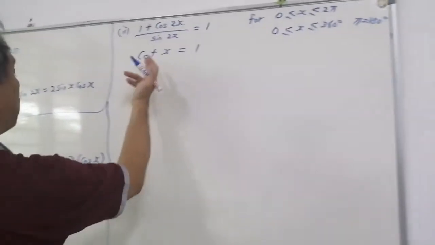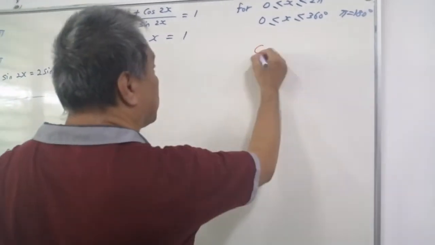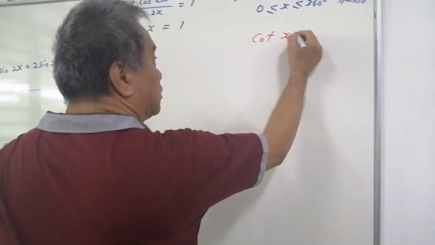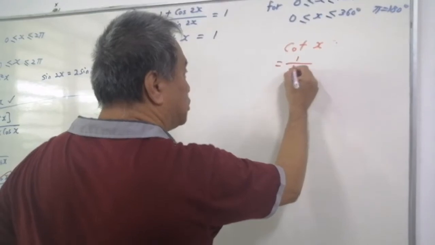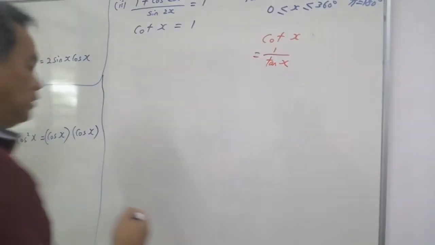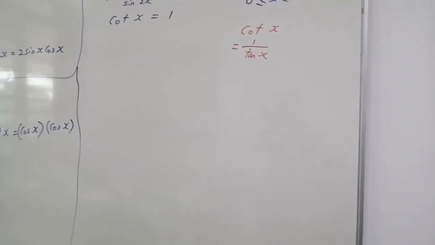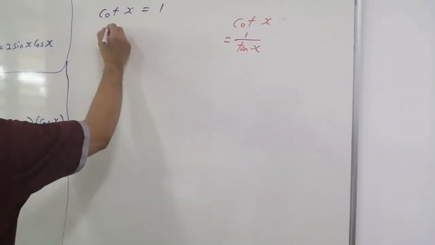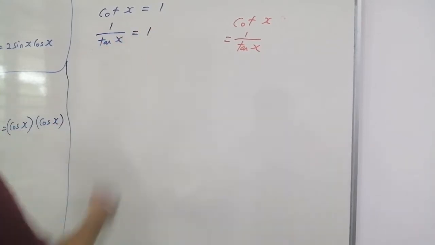So what is meant by cotangent? Cotangent x equal to 1 over tangent x. So this means here will become 1 over tangent x equal to 1.